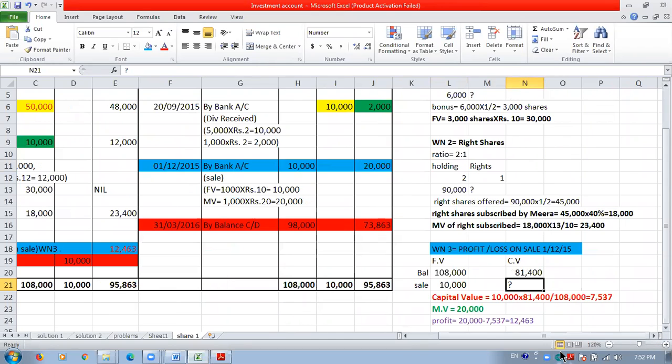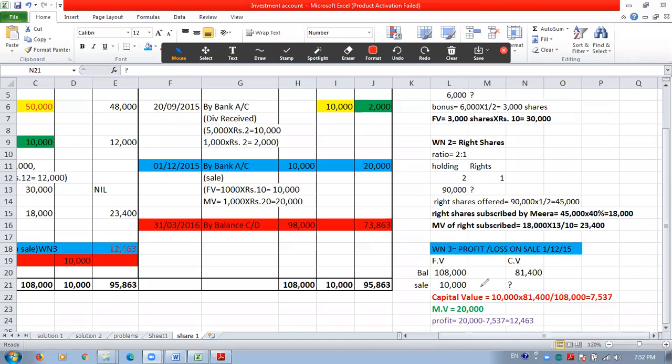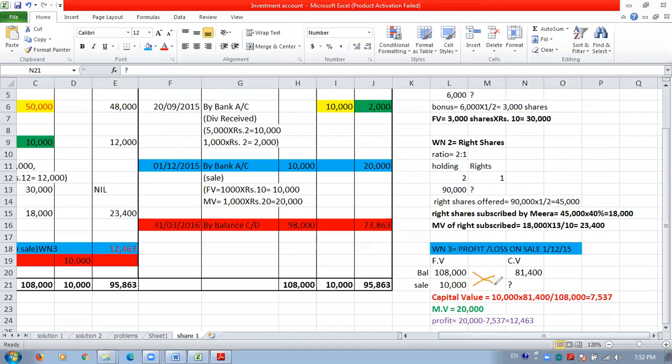We multiply 10,000 into 81,400 and divide it by 1 lakh 8,000. So this is the capital value we get, and it is 7,537.